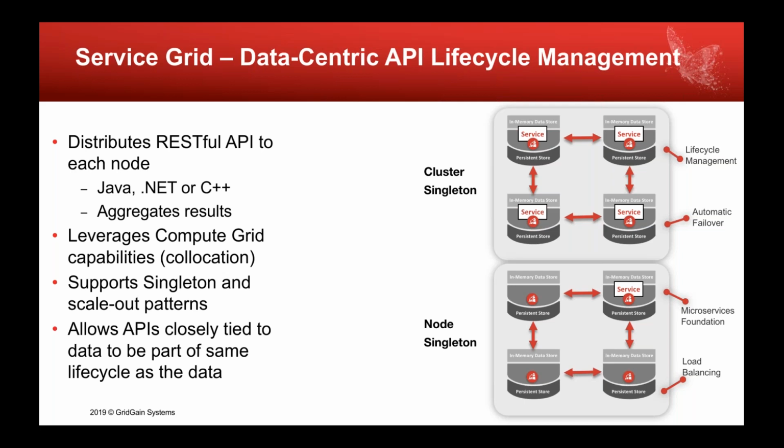It's spread out over many nodes. So you can run this as a singleton. You can support singleton patterns to ensure an ordering principle, for example, like in trading transactions. You can also support horizontal scale out, where there's a service on each node or multiple services that you can run for pure scale out.